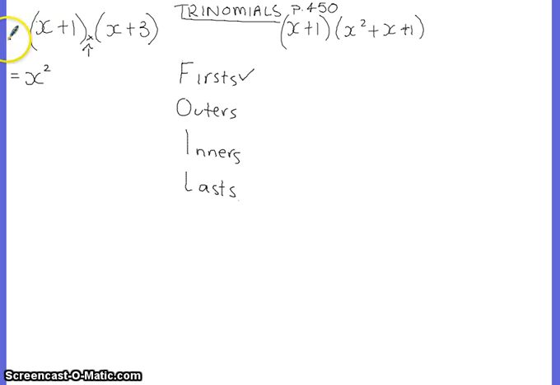So this is on the outside, and this is on the outside, and remember that the plus goes with the 3. So plus 3 times x gives us plus 3x. So we've done the outers. The inners, Ellen? Plus 1 times x, so we can just go plus x. Yep. And our last, Jess, what are our lasts in this?